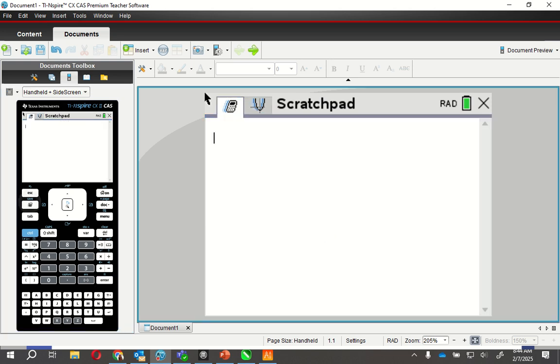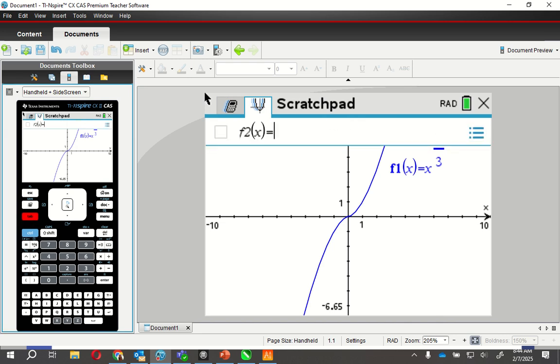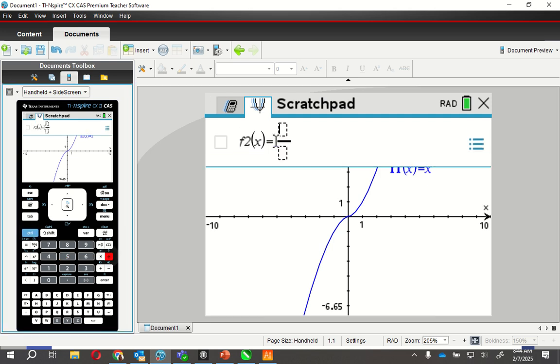Now let's graph our derivative, which was x raised to 2/3.